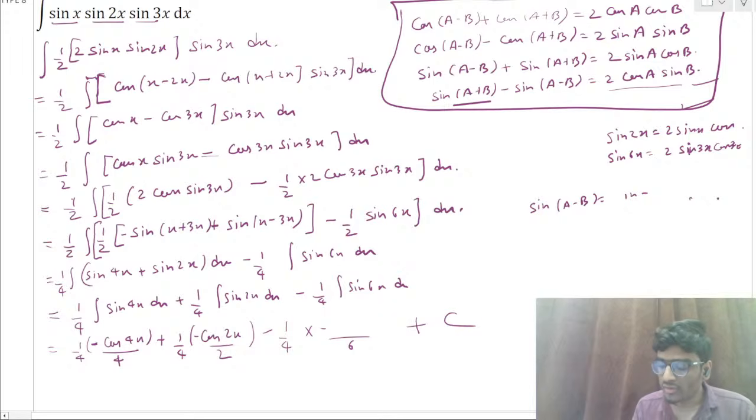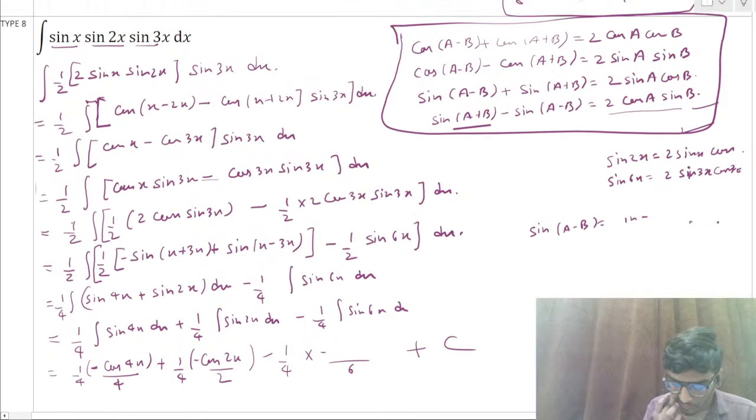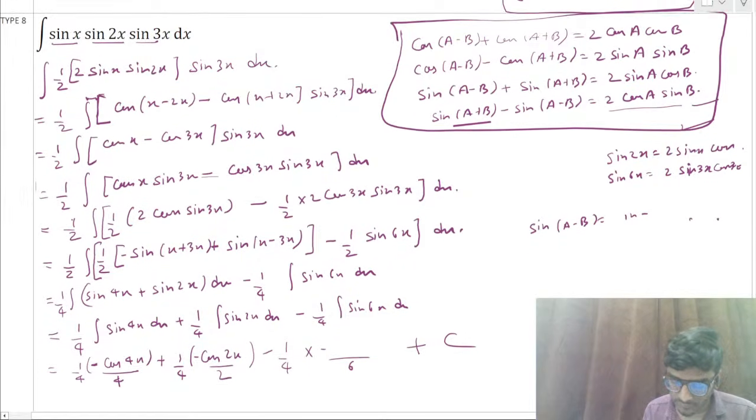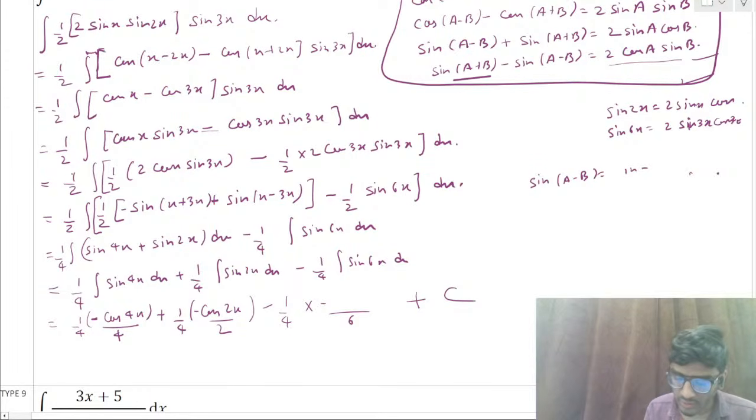Sine of a minus b gives sine a cos b minus cos a sine b. So this minus becomes plus, which becomes 2 cos a sine b. Okay, so we have written the same thing here.